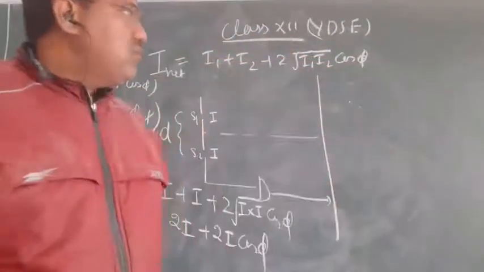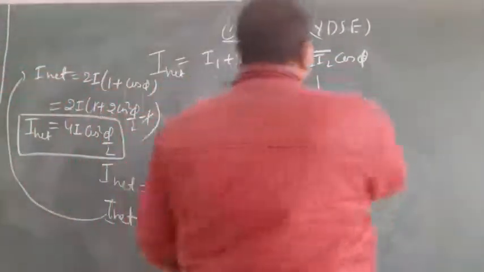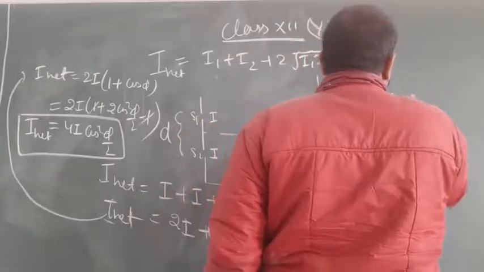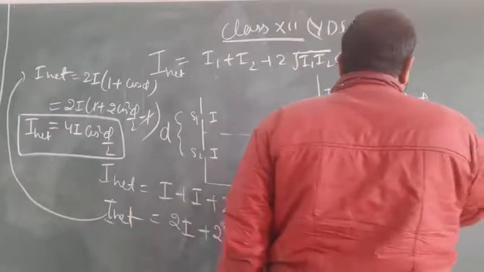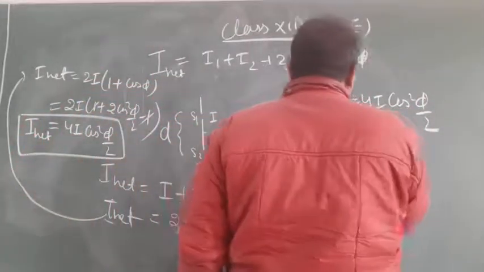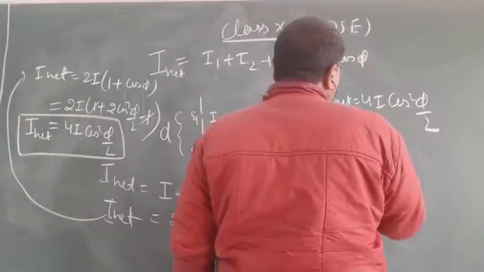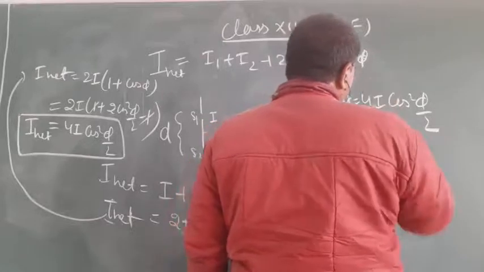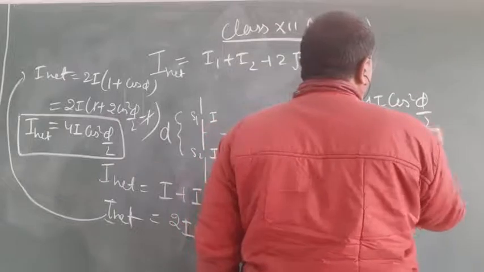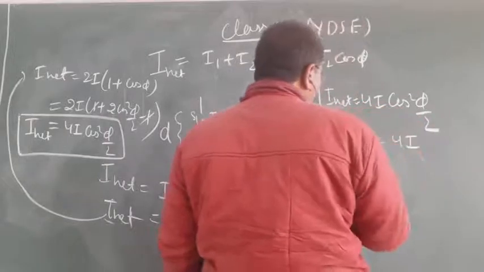So we get the formula I net equal to 4I cos square phi by 2. So what is the maximum intensity? Maximum is 4I when phi equals 0. And what is the minimum intensity?